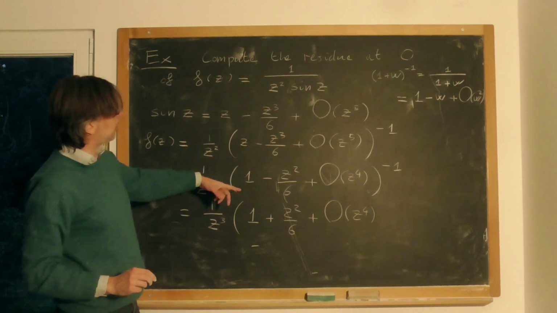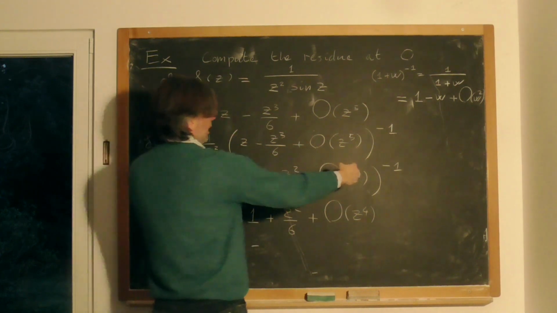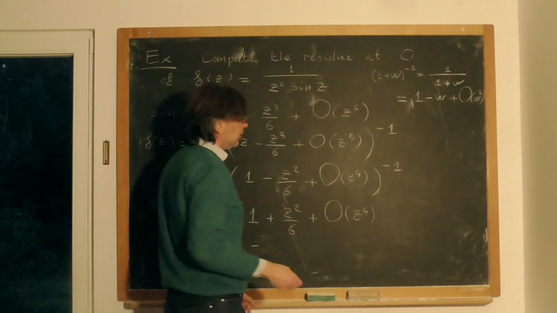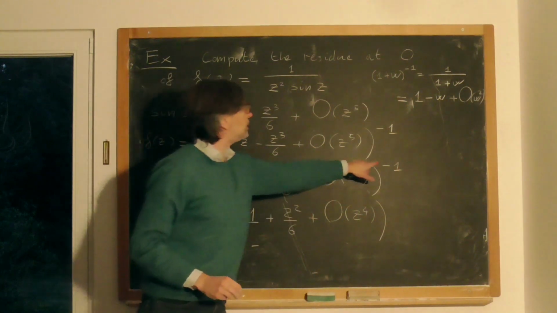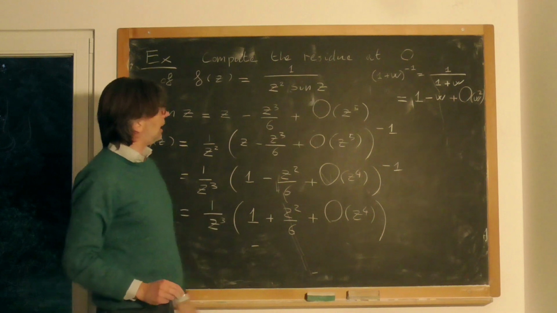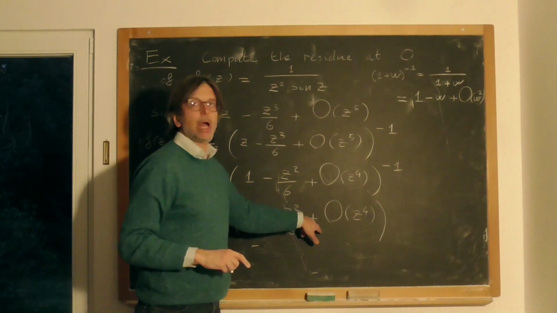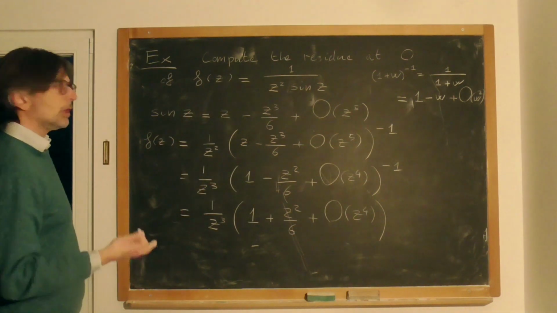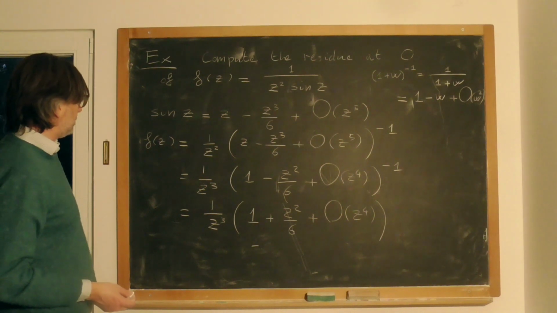And here I would also have to write a big O of all of this to the power 2, but this is already included in this big O of z to the 4. So I got rid of this minus 1 just by changing the sign here. And here, of course, I don't need to change the sign because this is a big O, so it's in any case a function I'm not really writing down explicitly.